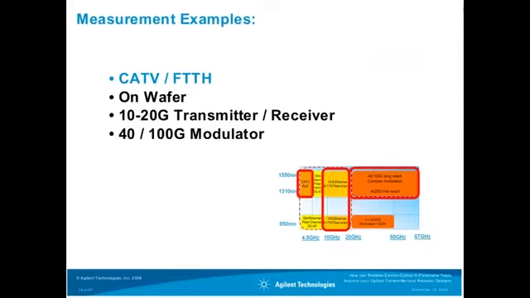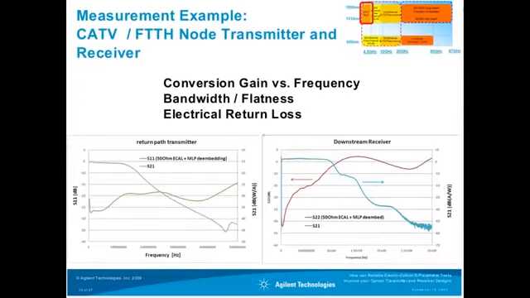Now let me come to the measurement examples that I'd like to show you. I will start with the cable TV or fiber to home node, and will show you some of the basic measurements that we will have, which are, I would say, representative for any opto-electronic component.